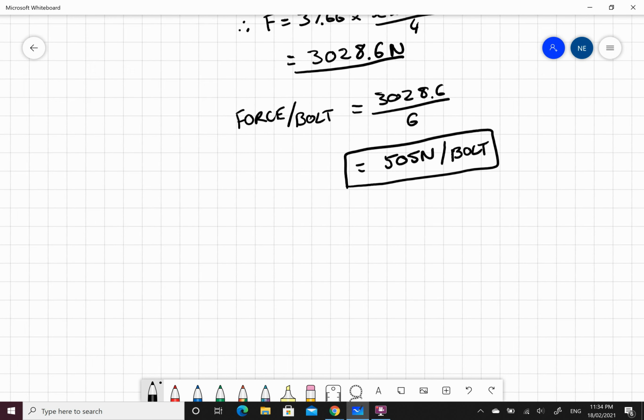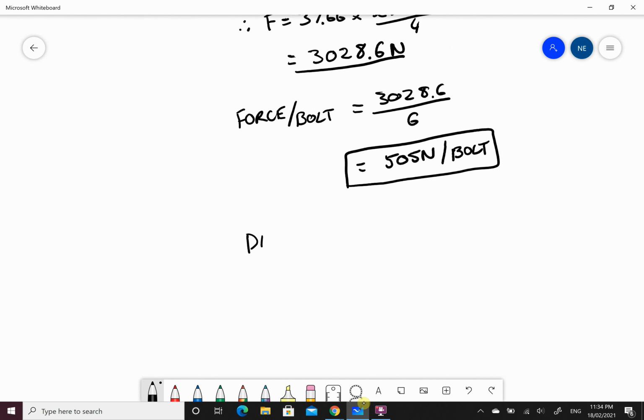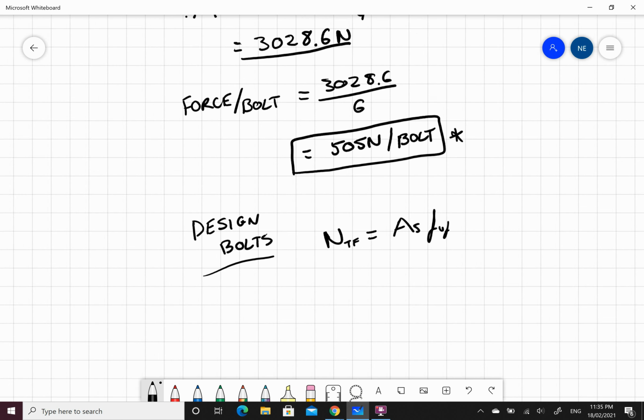And if you wanted to, you could go through and design the bolts. This is where the question stops, by the way. So how do we design these? Well, for our tension fasteners, the axial capacity is the area of steel times the ultimate strength of the steel.